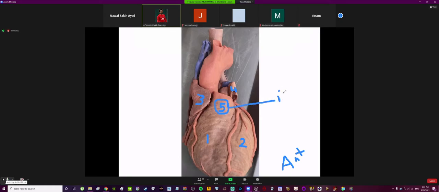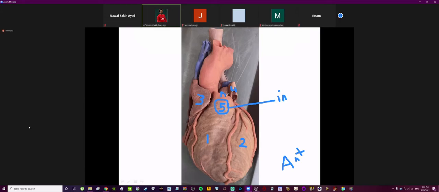Yes, in structure, part of the right ventricle and below the pulmonary trunk. The pulmonary trunk originates from the right ventricle, so this will be the infundibulum. If I point here in the upper part of the right ventricle near the pulmonary trunk, it will be the infundibulum of the right ventricle.